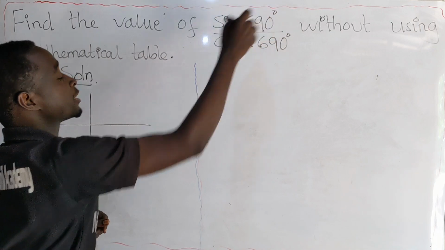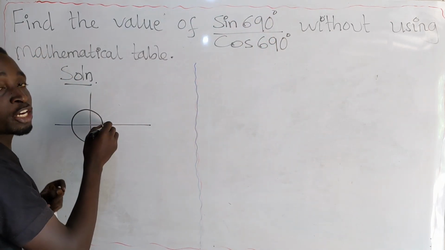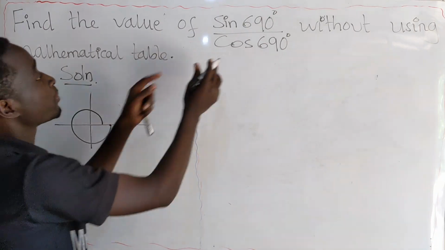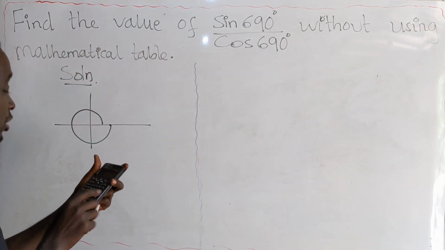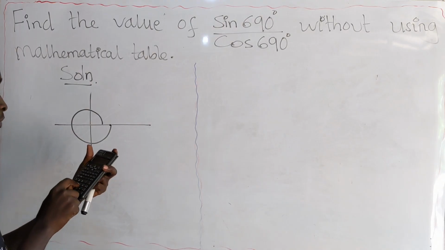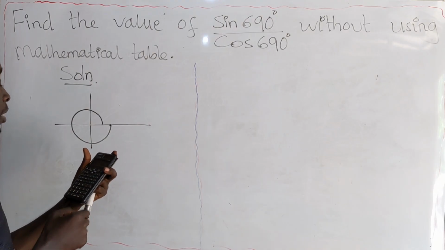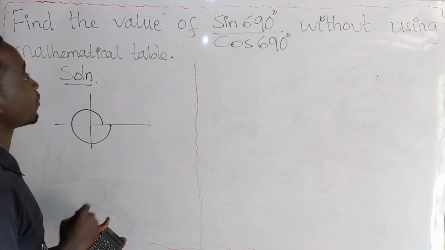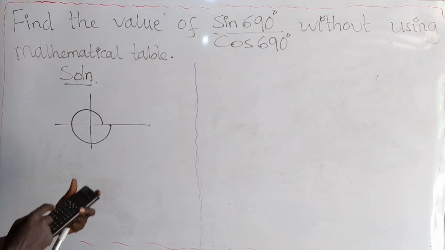Here in 690 degrees we have a complete single turn, which is equal to 360 degrees. What remains after 360 degrees? Let's subtract 360 degrees from 690. We get 330 when we take 690 minus 360.